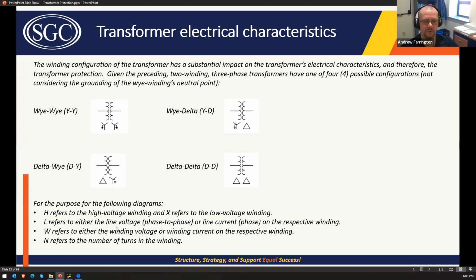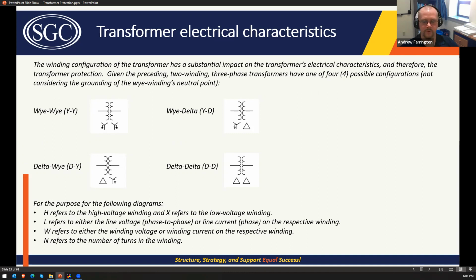L refers to either the line voltage, which is phase to phase, or the line current, which is phase current. In combination with H, that gives you the high voltage line voltage or line current, and with X, the low voltage winding line current or line voltage.